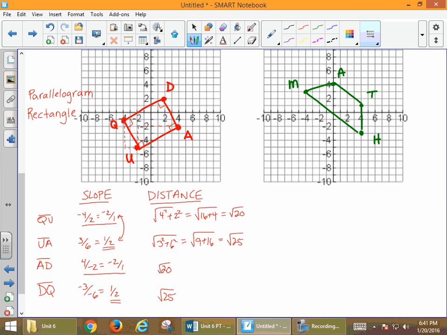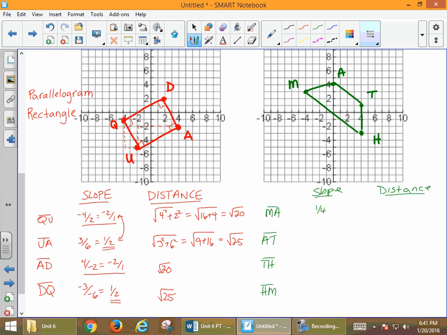So the segments are MA, AT, TH, HA, or I'm sorry, HM. I'm going to find the slope, and I'm going to find the distance. So the slope from M to A, rise and run: I rise 1, I run 4.